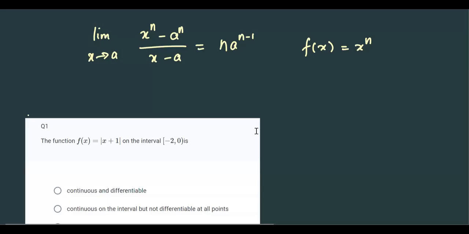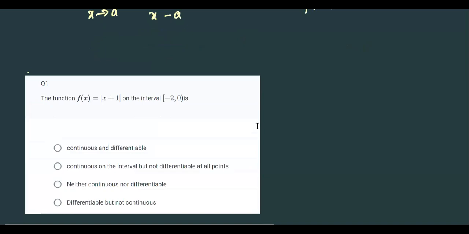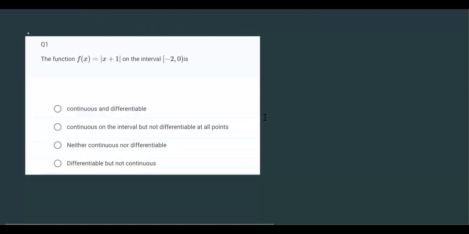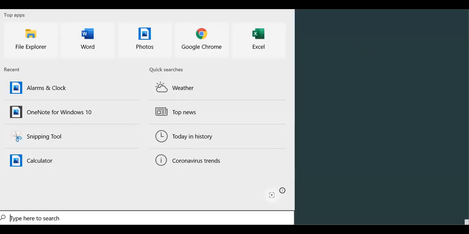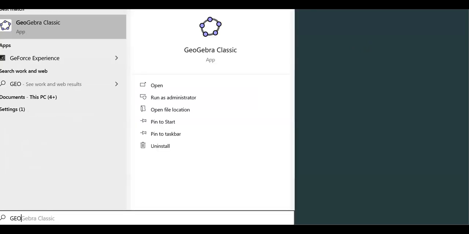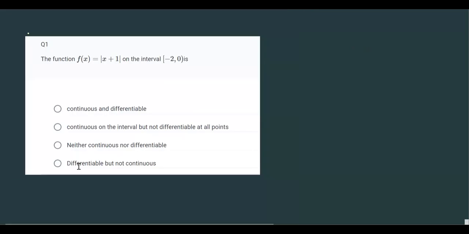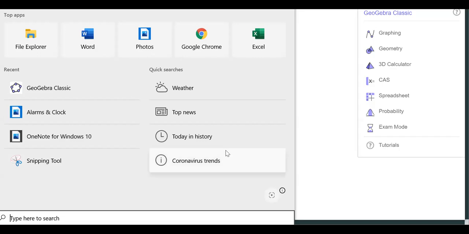So let's go to the question here. Now we should know the graph of y equal to mod x, we have already discussed.